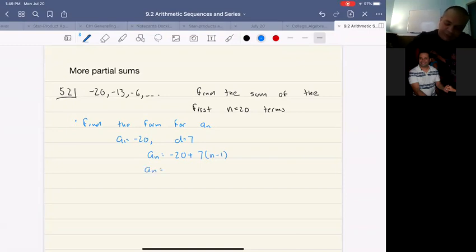A sub n is negative 27 plus 7n. And just for good measure, I like to just double check. If n equals 1, I get negative 20. N equals 2, I get negative 13. Checks out.